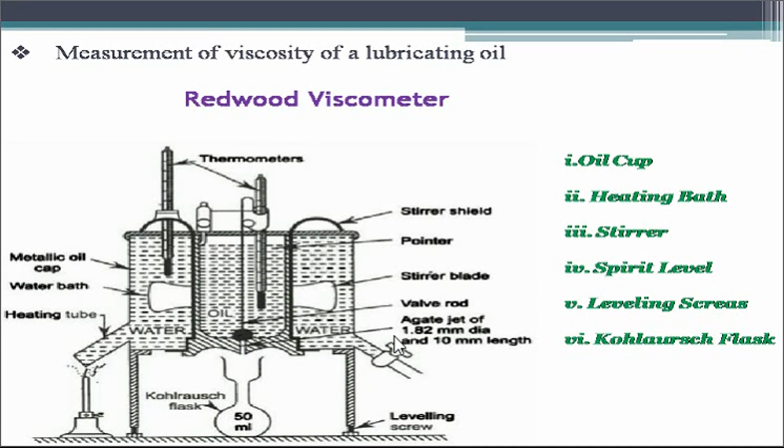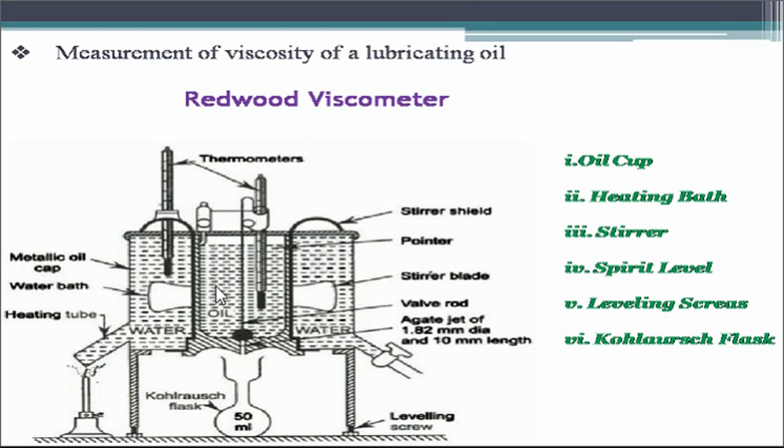Look at here, this is the agate jet. The jet is opened and closed by a valve rod. This black color valve rod is there, by which we can open it as well as close it. So there is a space available to pass the oil, which is closed by the valve rod.